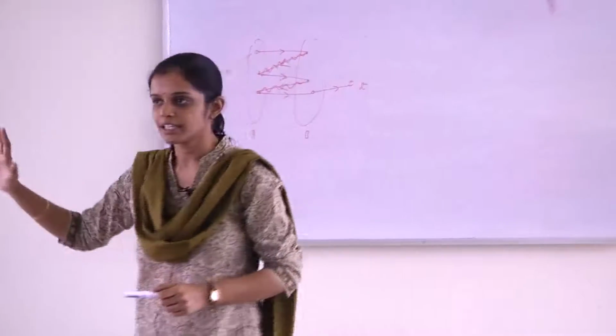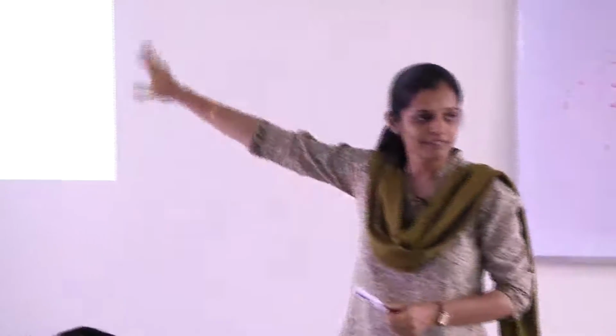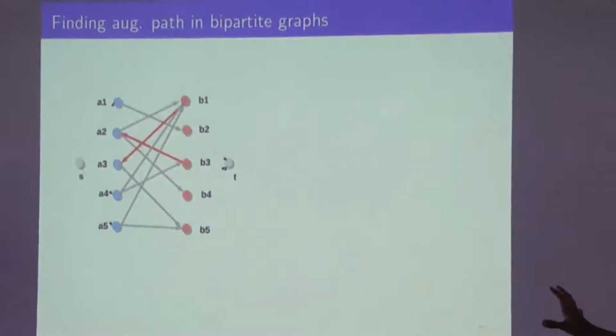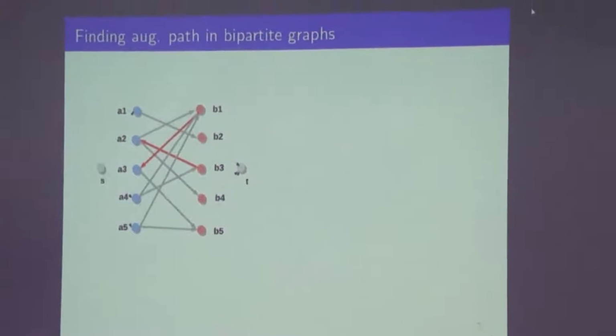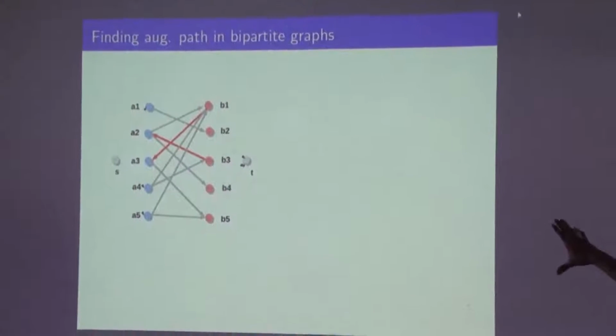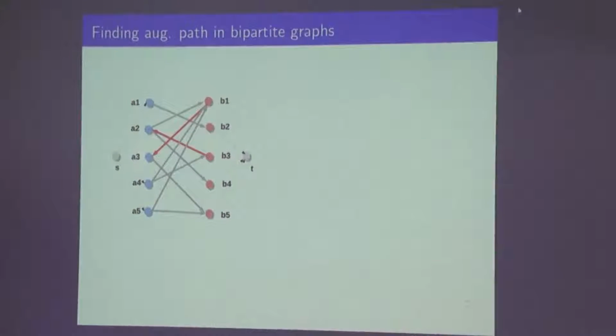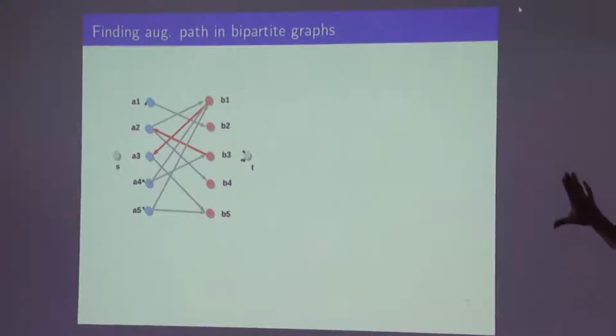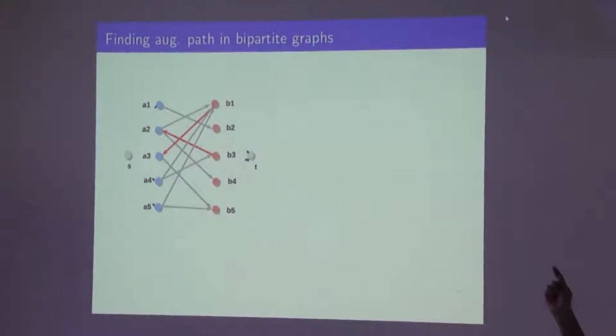Is this construction clear? So given a graph and a matching in the graph, the way you are constructing this bigger directed network is you add two dummy vertices S and T. For every vertex which is unmatched on the A side, S has a connection to it.